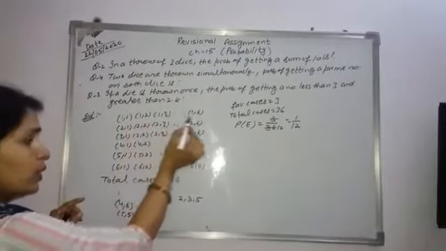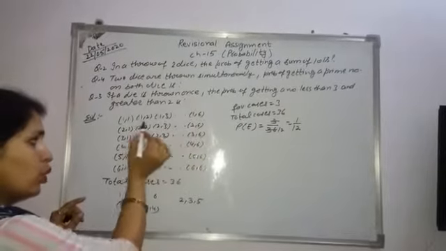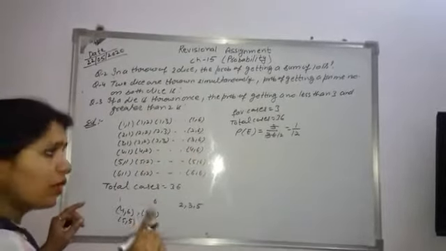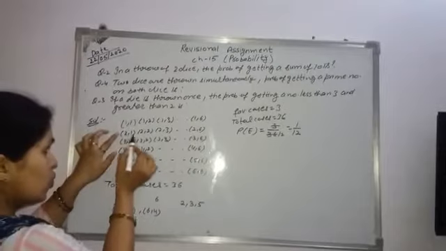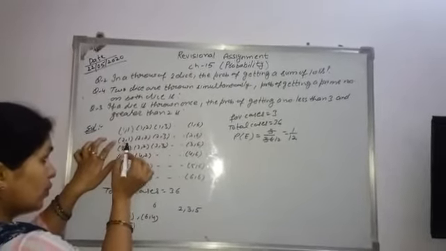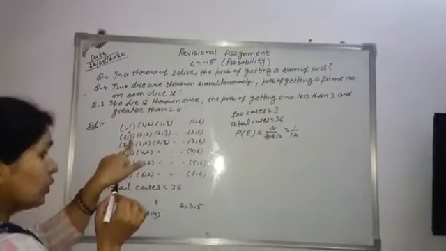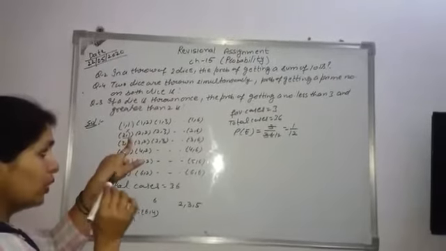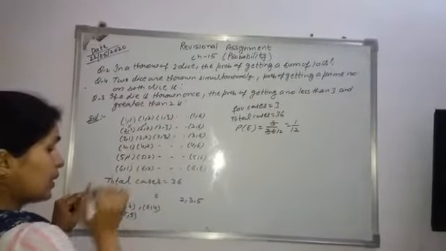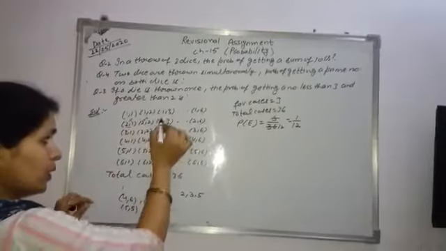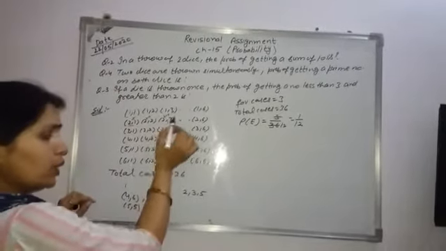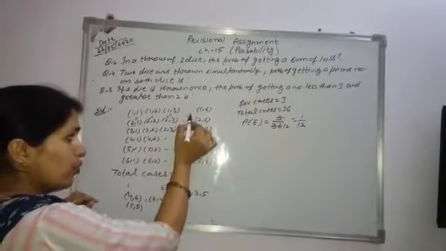First, the case with 1 does not exist, because we all know that 1 is not a prime number. Next one is 2 1. No, because on the second die 1 is not a prime number. Next is 2 2, then 2 3, then 2 4, no. 2 5, yes.